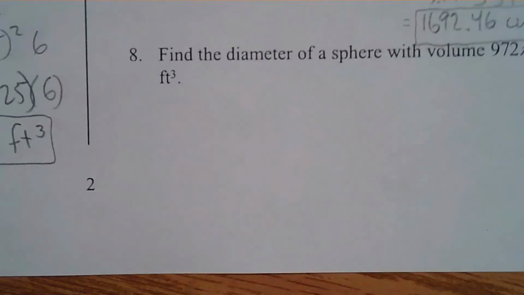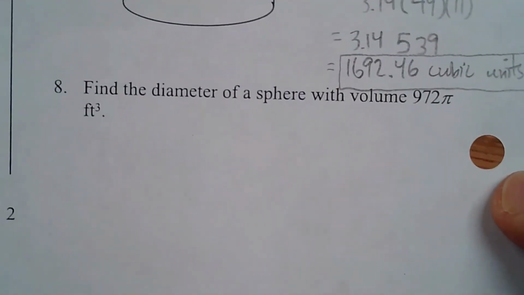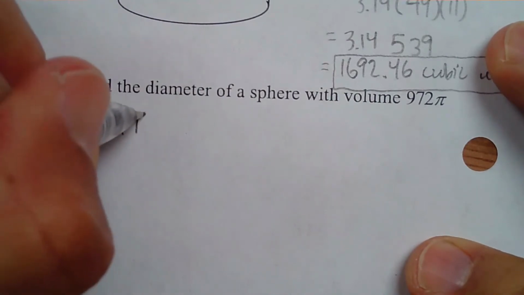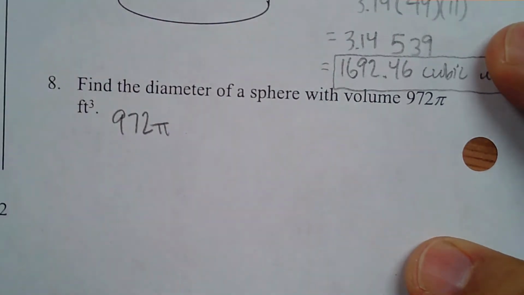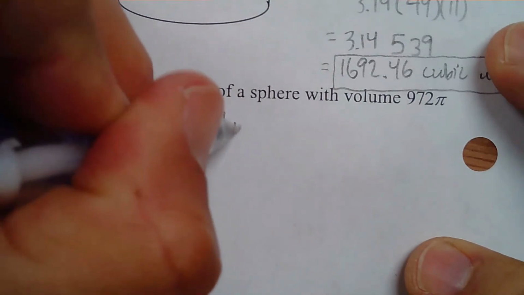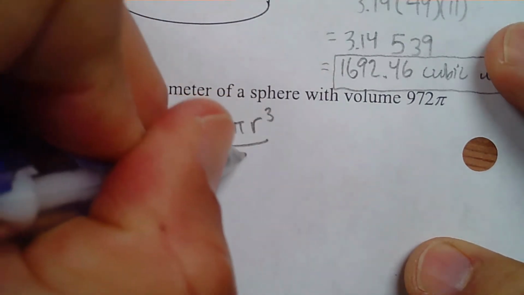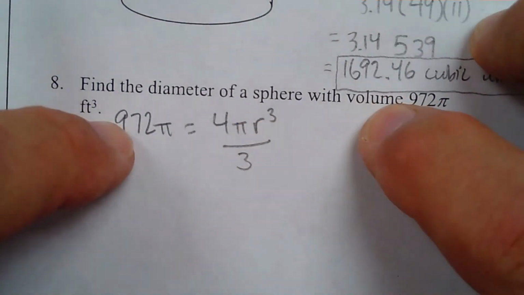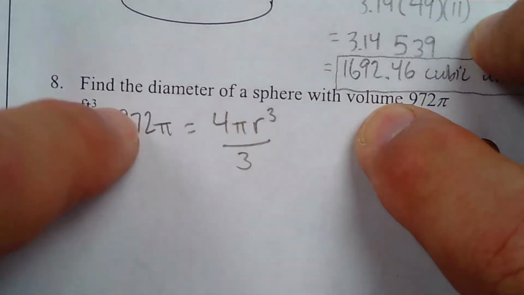Okay, finally, find the diameter of a sphere with a volume of 972 times pi. So that volume is equal to 4 times pi times the radius cubed divided by 3. This is the formula for the volume of a sphere. So that is set equal to that. The pi's are going to cancel each other out.